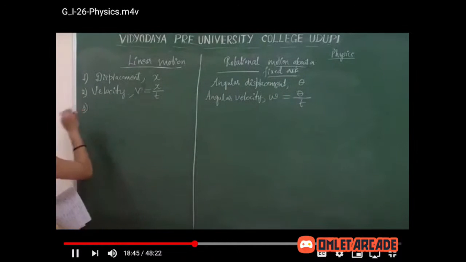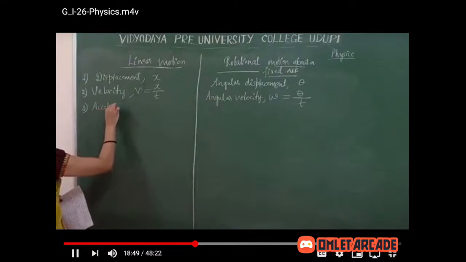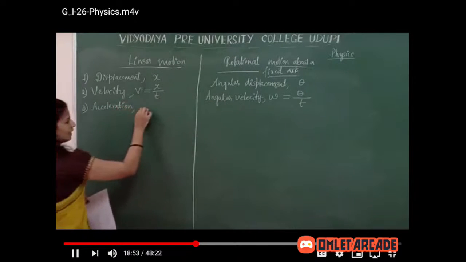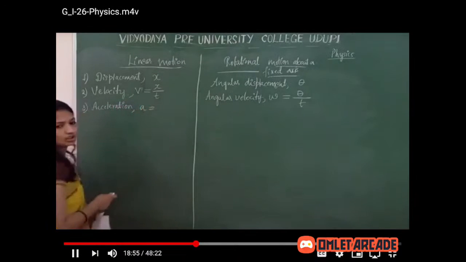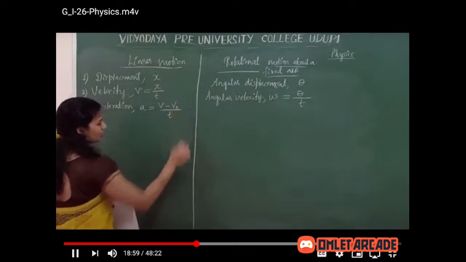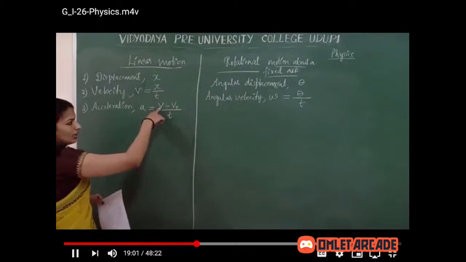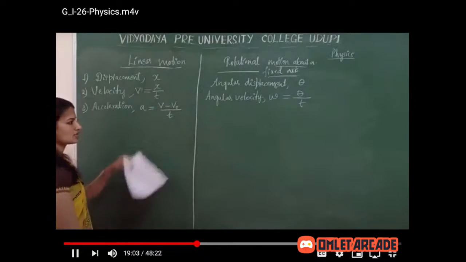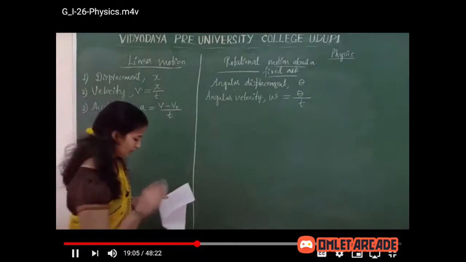The third, acceleration. The notation for acceleration is a, which is equal to v minus v naught divided by t, that is, final velocity minus initial velocity by time.